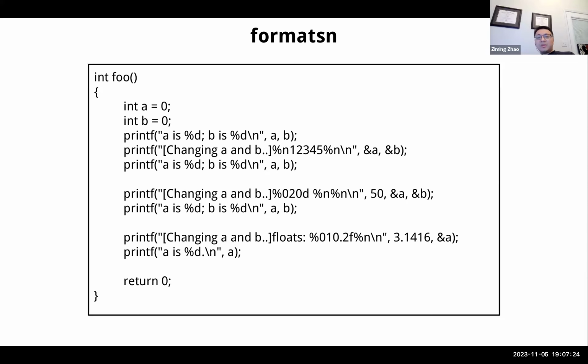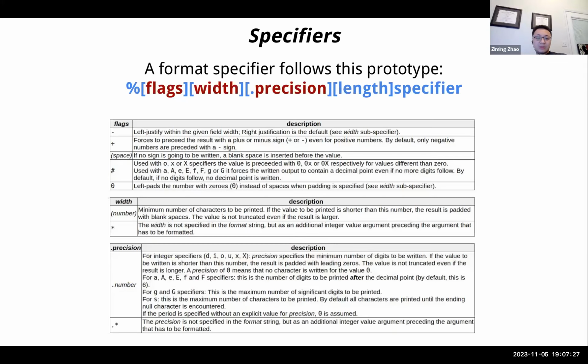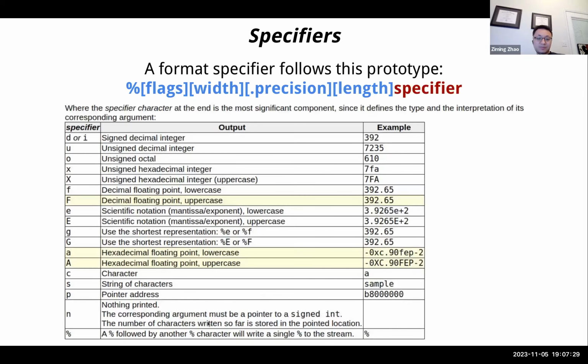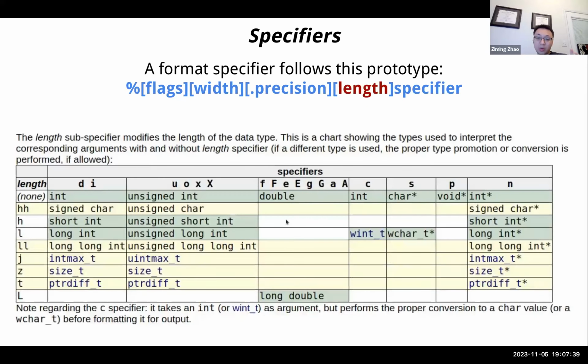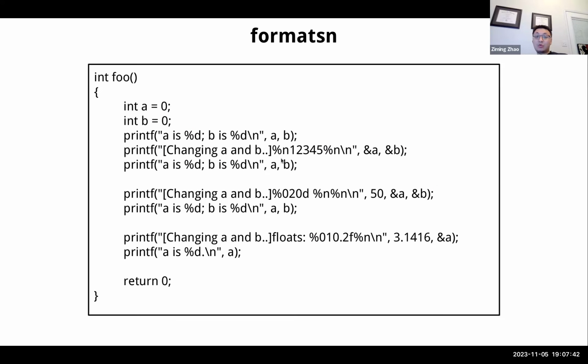Which means before %n, 20 characters have been written so far. So the number 20 will be stored at the address the %n points to, which is the address of a. So the first %n is actually going to change the value of a from 0 to 20.